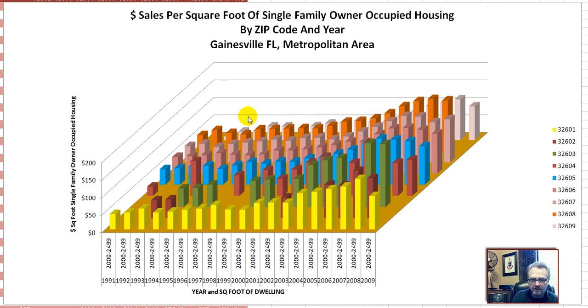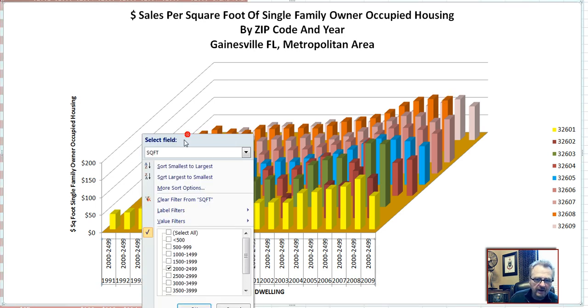So it appears that Hale Plantation too has had increases in housing prices following this logistic S-curve: flat for many, many years, and there's a variety of reasons for that that we'll discuss in other videos. Then it starts to take off logistically, and it appears that zip code 32608 has certainly performed well.